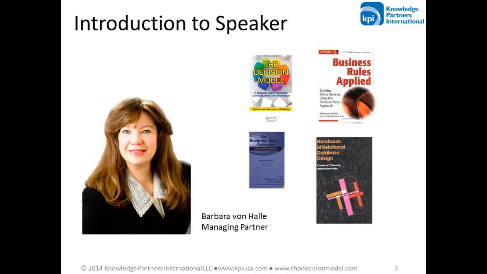Her first book, Handbook of Relational Database Design, has sold over 21,000 copies, and most likely a few more today. She was the most popular contributor to Database Programming and Design magazine for years. Today she continues to impact the development of the decision model in collaboration with KPI and its clients. And please welcome Barbara von Halle.